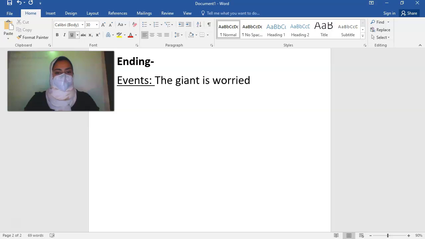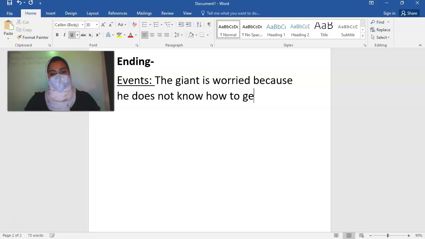Yes, you are writing this at the end. The giant is worried because he does not know how to get back up. So Jack helps him regrow the beanstalk, and the giant lets Jack keep the goose he had taken earlier.